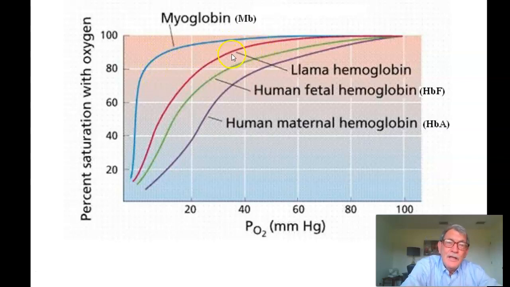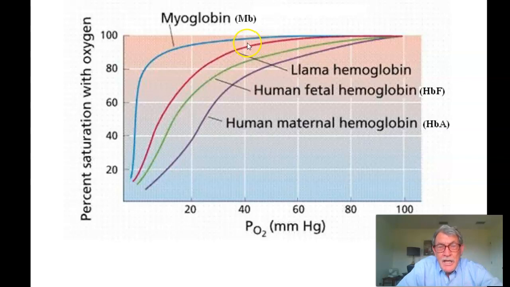And they put this in, it's interesting, llama. This is the beast of burden of South America. The llama developed up in the Andes where there's hardly any air. And so they developed a hemoglobin that really, really likes oxygen.